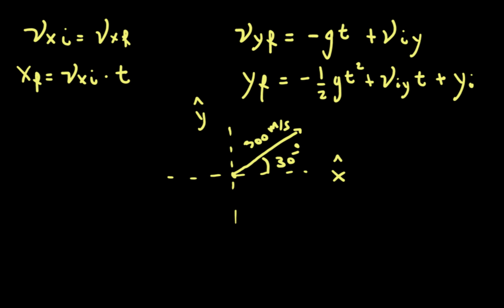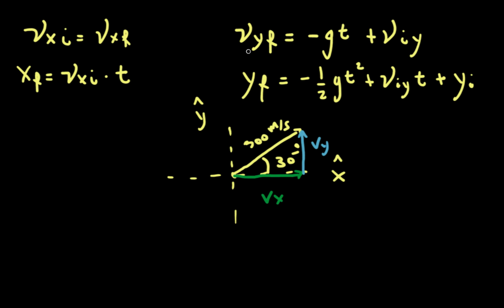A velocity vector will come in useful because it has two components. It has the velocity in the x, and another component, the velocity in the y.